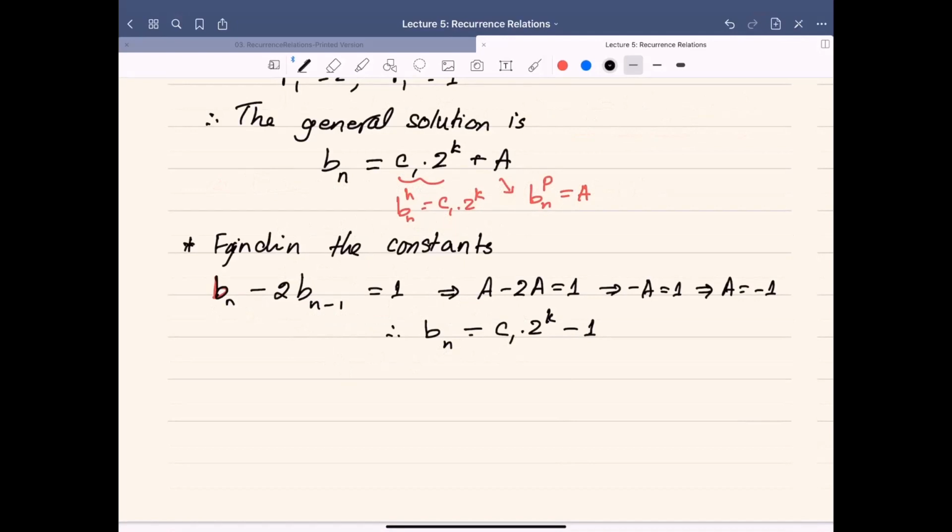Now to find C1, since Bn is equal to 1 over an, in this case b1 will be equal to 1 over a1, and b1 is equal to 1 over 1, because a1 is 1, so we have 1. Because the recurrence relation is bn, not an, because it was transformed. So we found the initial value.